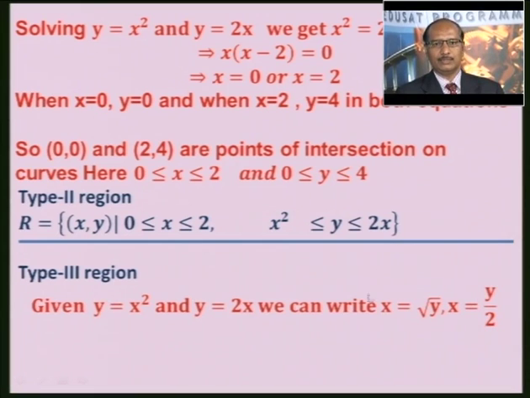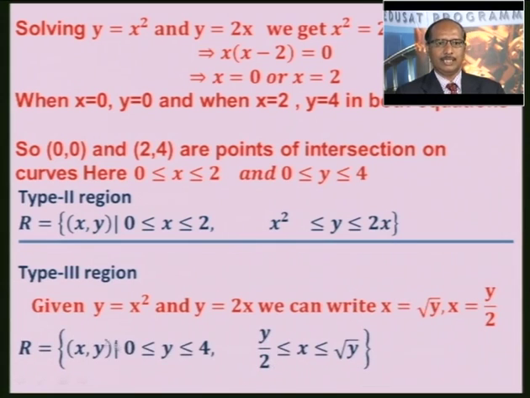So, from the given equations, we express x in terms of y, because we need x1 and x2, x limits are functions of y. So, the type 3 region becomes where y ranges from 0 to 4, already calculated the y maximum value. y equal to 0, y equal to 4 are the constant limits, and x limits are one is y by 2, other one is root y.